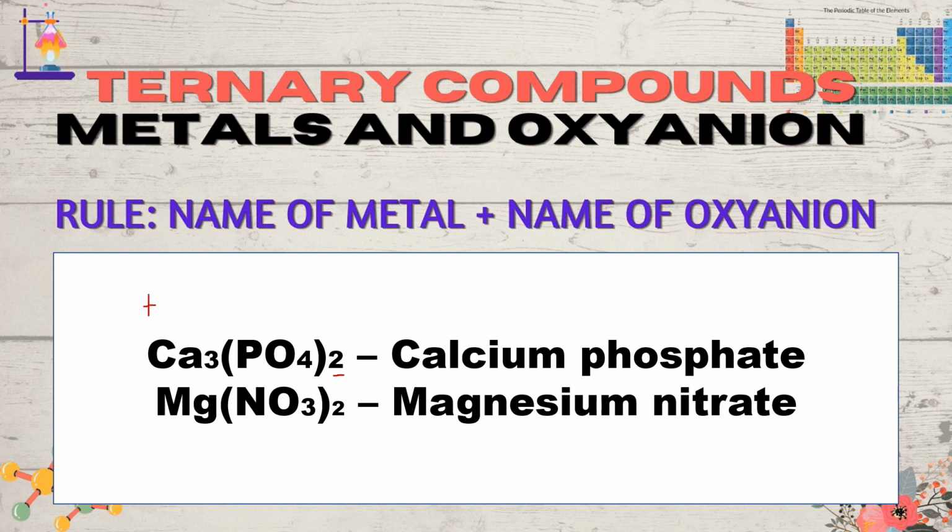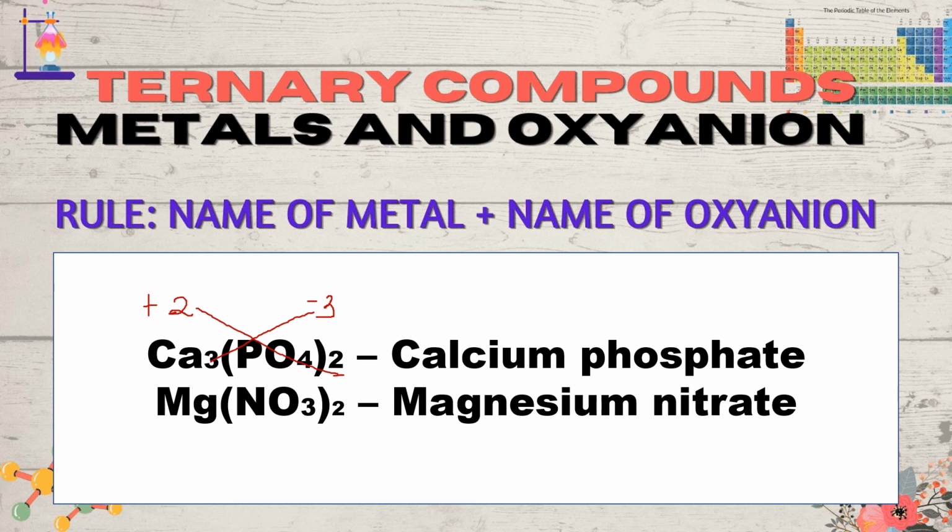Since calcium belongs to family 2, the oxidation number of calcium is positive 2. And PO4 is a polyatomic ion, so the oxidation number of PO4 is negative 3. So again, cross their oxidation number, napunta dito yung 3 and then 2 doon. So you use your parenthesis.